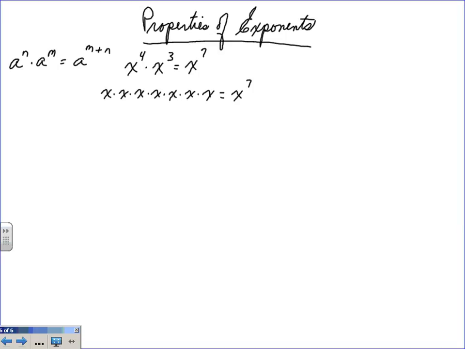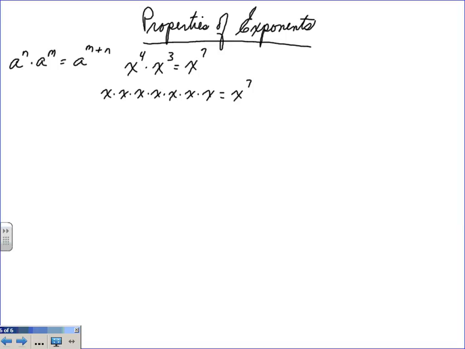If you're writing this out in word form, you can say that when you have x to a certain exponent times another exponent, you can add the exponents together. Even with the m and the n, because they're different, you can still add them together.